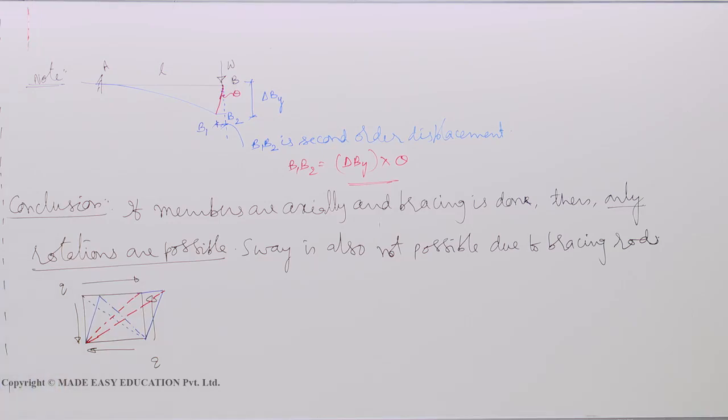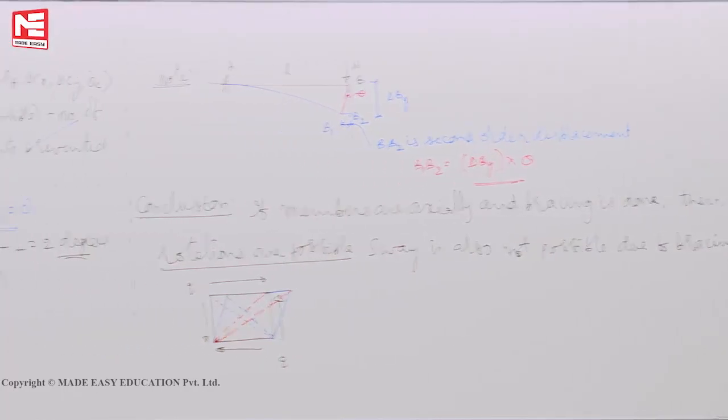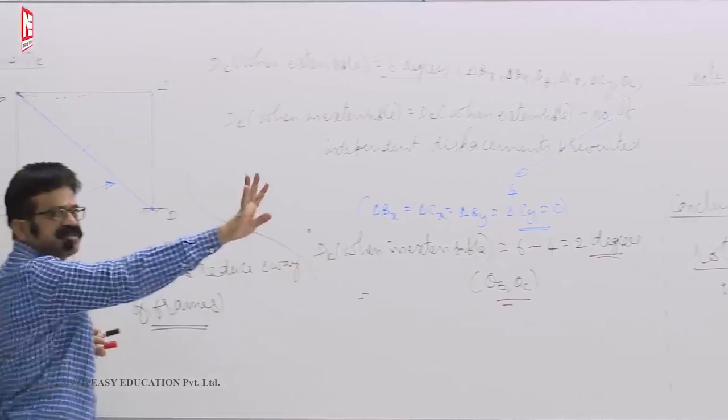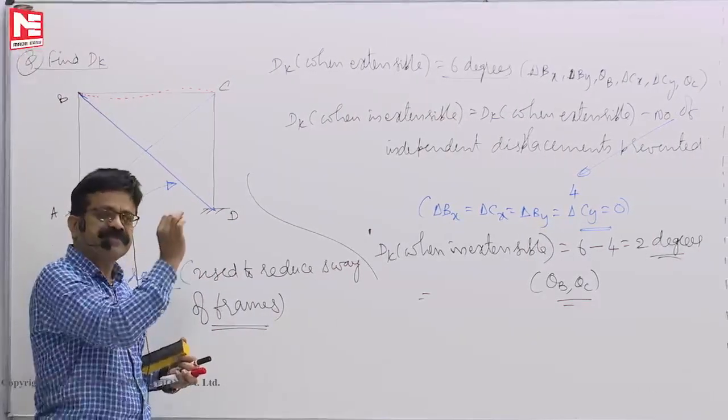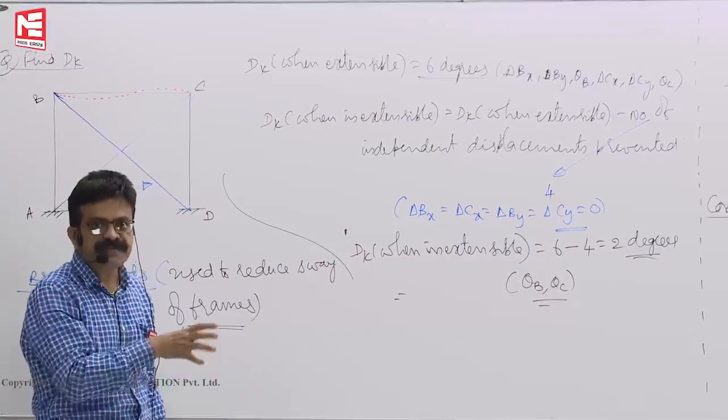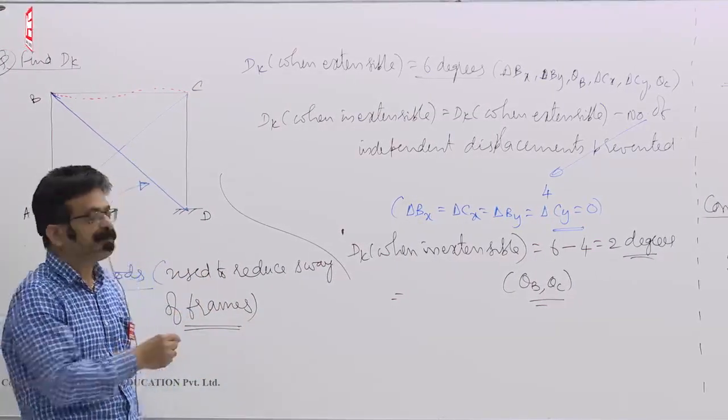So if the frame sways to the right side, this diagonal will be under tension. Because they are not axially rigid, it will elongate and permit the sway to happen, but the magnitude of sway will be less. They will reduce the sway, but it will not make it zero.